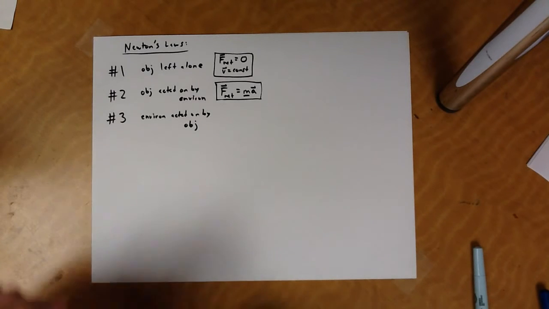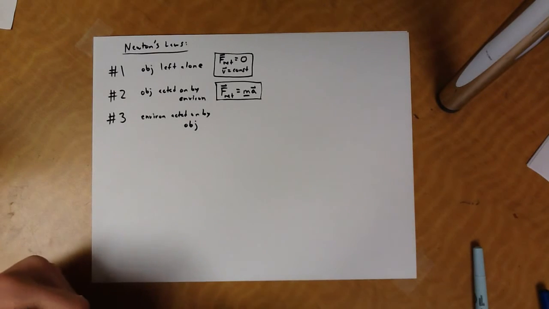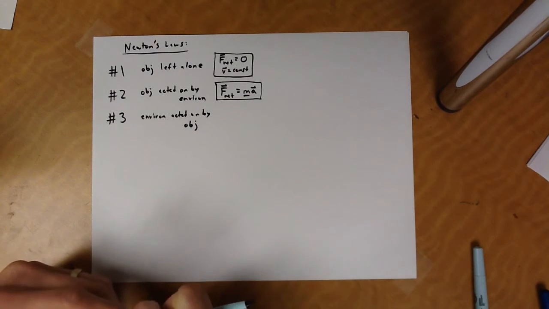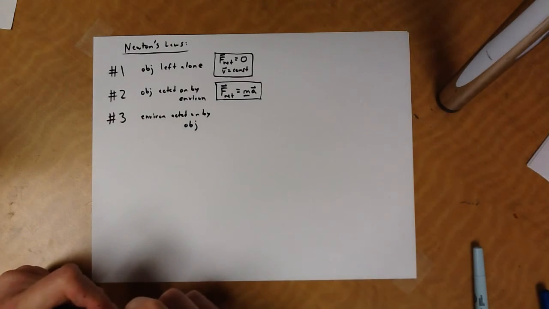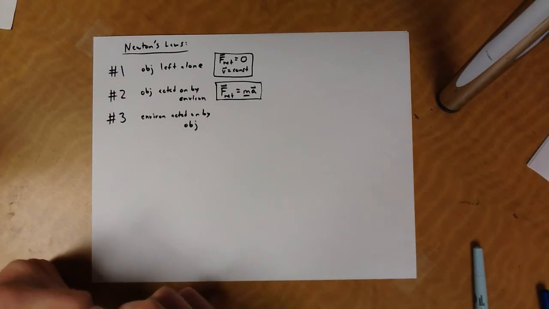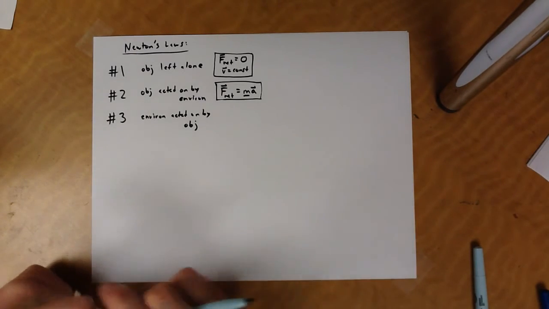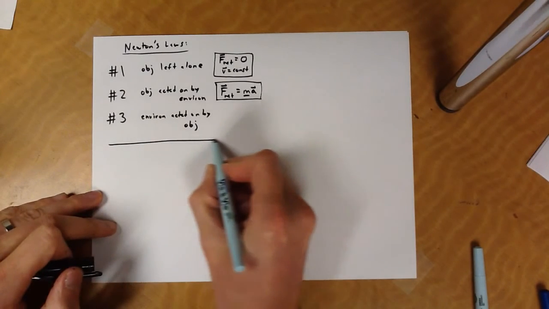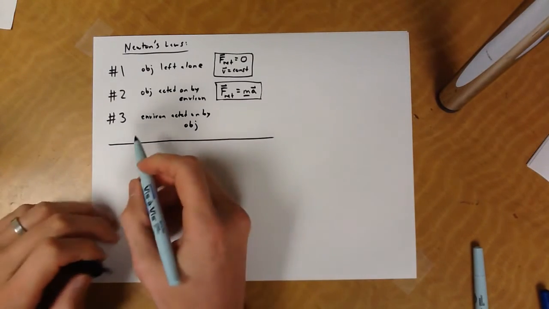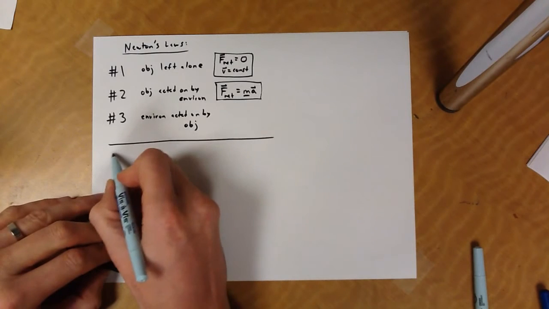Let's take a look at what this law says. I guess I should mention, you may have heard of it as the action-reaction law. So for every action there's an equal and opposite reaction. I don't like that phrasing of it because it's imprecise. Let me give you a slightly more accurate version. Here's what the third law says.